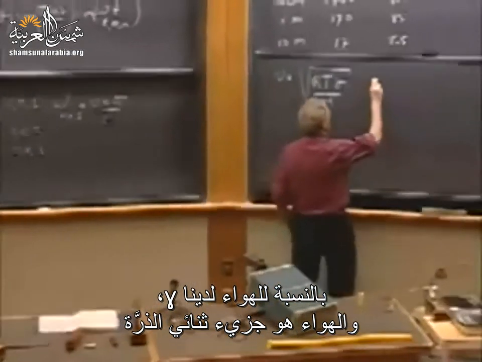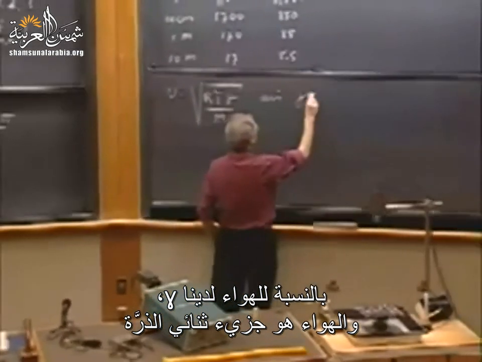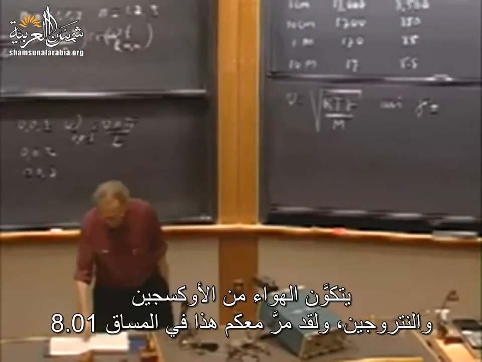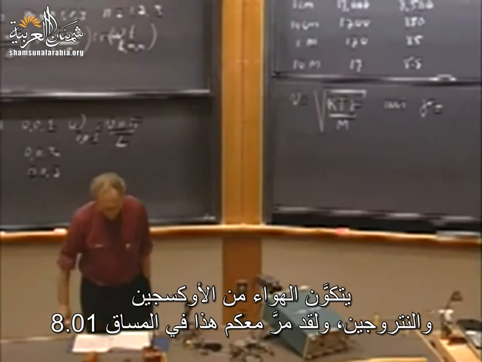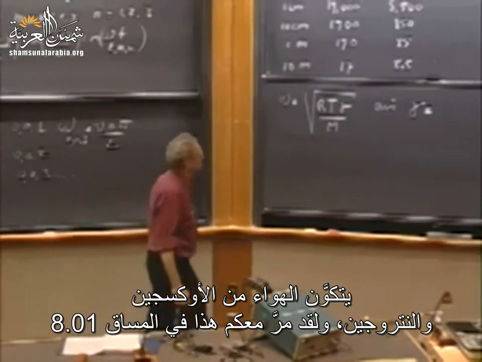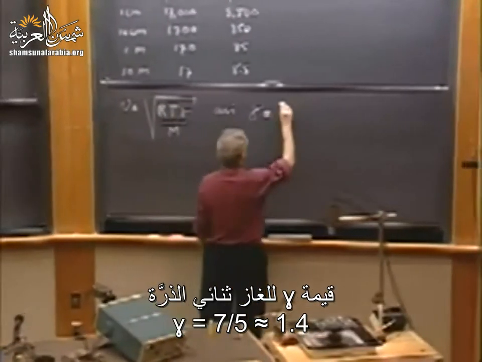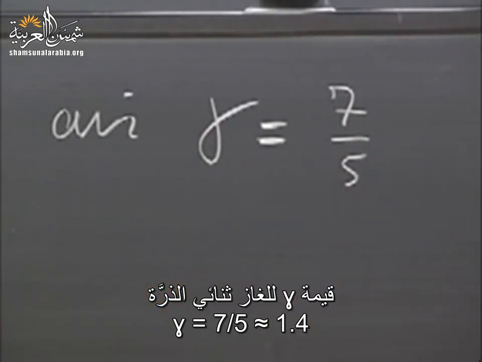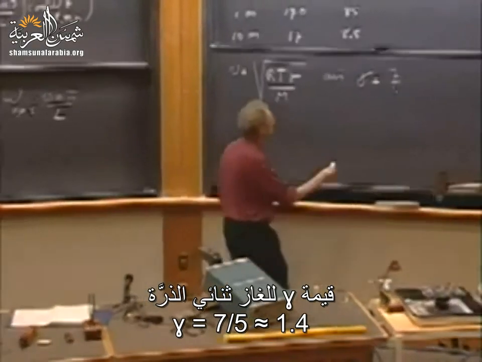Now, if we have air, then gamma, air is a diatomic molecule, nitrogen and oxygen. For those of you who've taken 801 and when this was covered, for a diatomic gas, gamma is about 7/5, which would make it roughly 1.4.